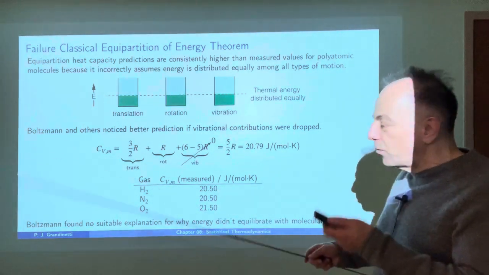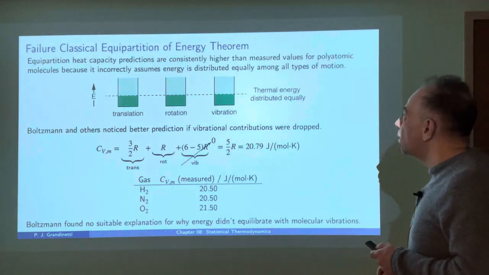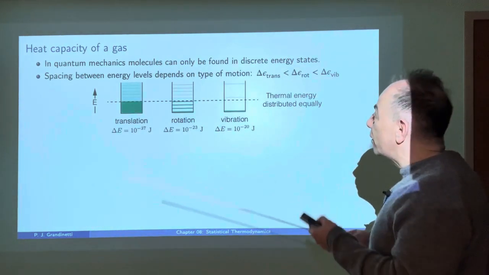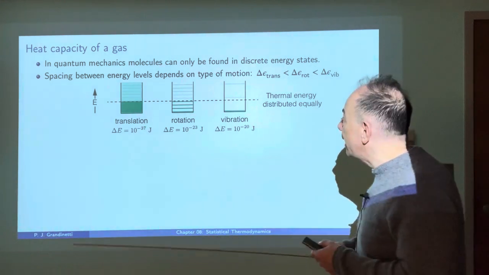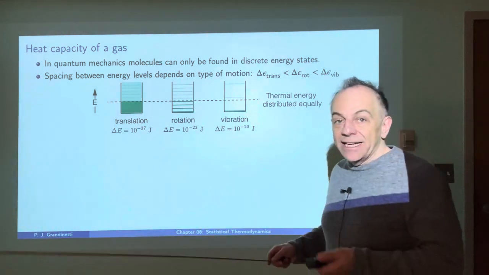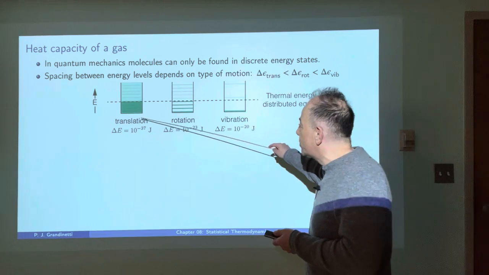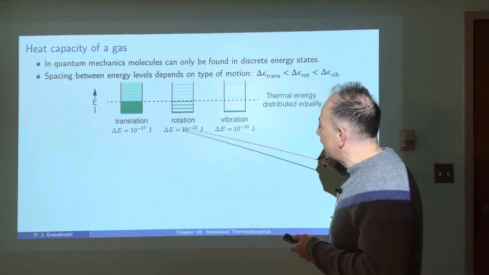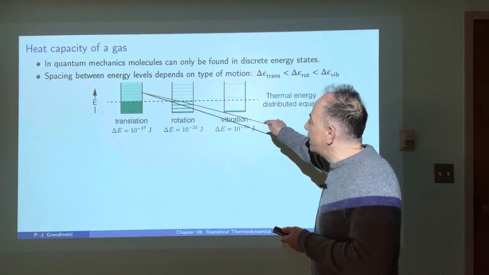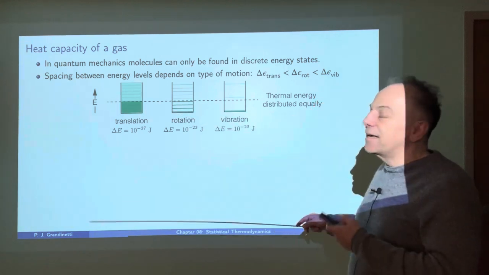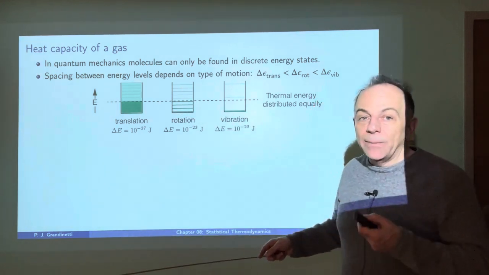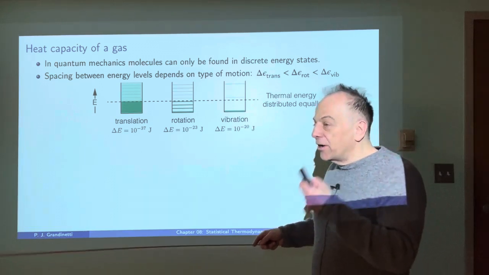Well, that was decades before quantum mechanics, but what we learn when quantum mechanics comes along, as we'll learn later, is that the energy is not continuous. Energy actually becomes discrete in quantum mechanics, and so the spacing between the energy levels is what makes some of these contributions appear to be continuous, while other ones are not at all continuous.